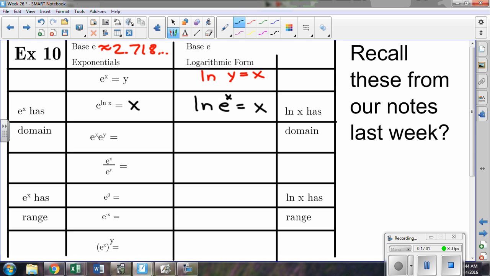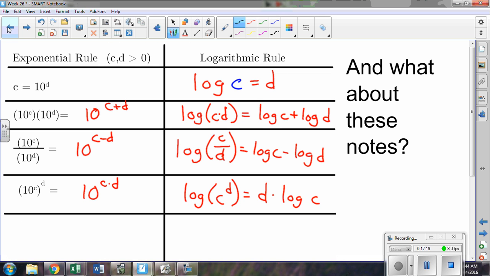Let's look at our next rule. e to the x times e to the y. What's the shortcut when you multiply? What do you have to do to the exponents? You add. So, like before, we saw that rule here. Instead of having base 10, we're using base e.